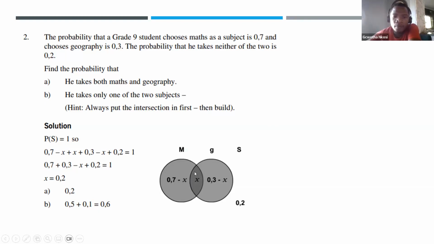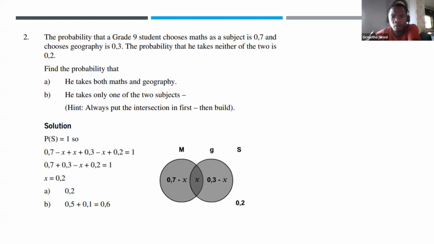So now what will be the probability that the student will choose mathematics only? So it should be 0.7 minus the intersection X, the unknown. Now, what will be the probability that the student will take geography only?